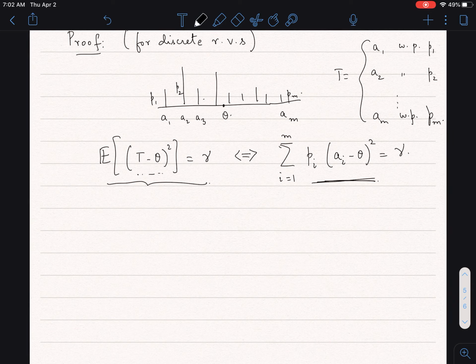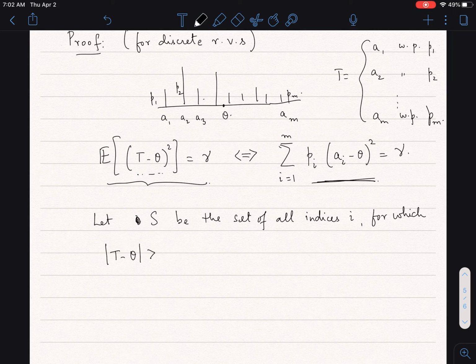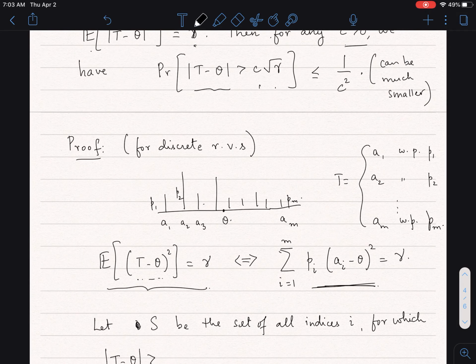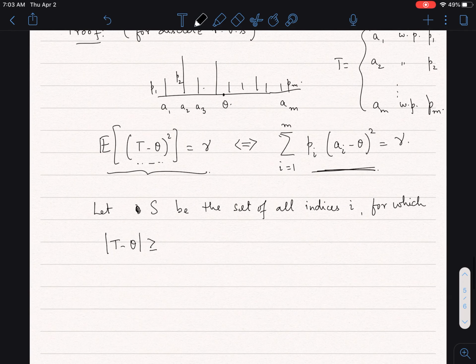Okay. So now let us define S to be the set of all indices i for which the absolute value of ai minus theta is bigger than or equal to c root gamma.